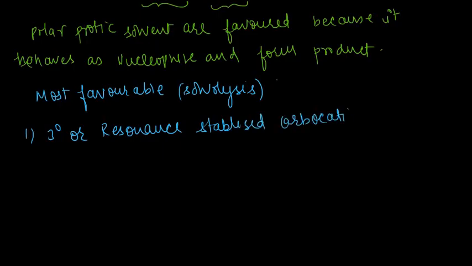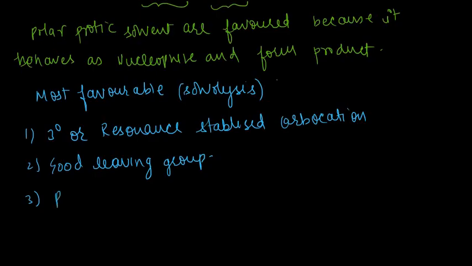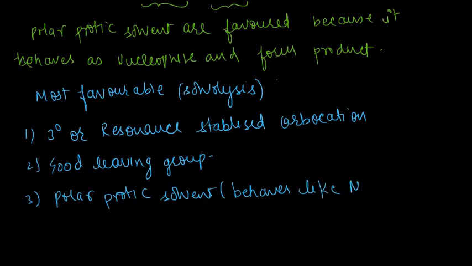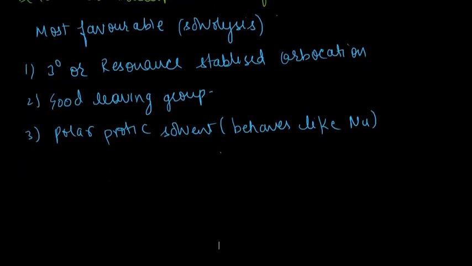Second, there must be a good leaving group. That is for the reactant. And for the solvent, it should be a polar protic solvent, which must behave like a nucleophile. Then the overall reaction happens.